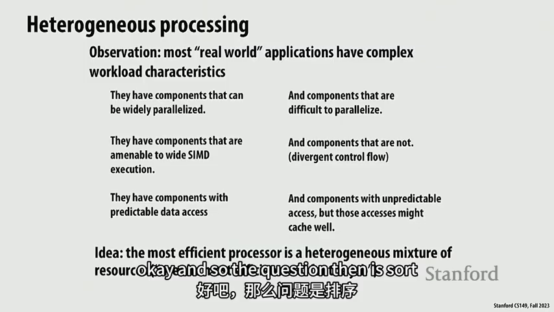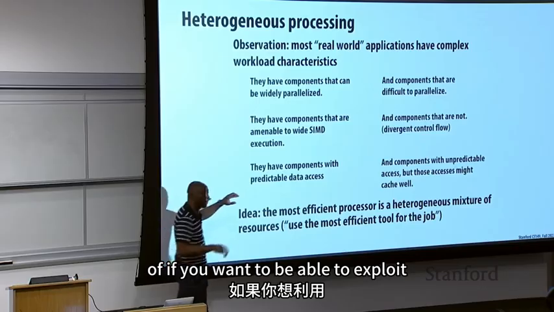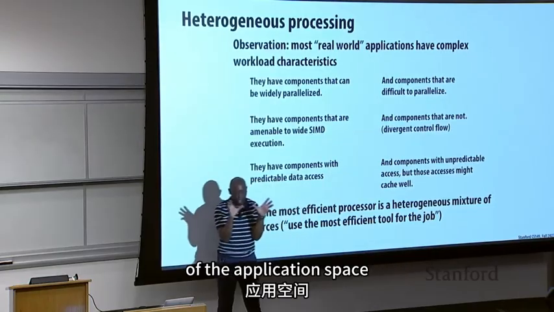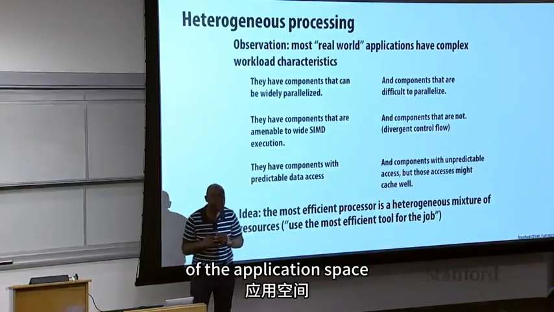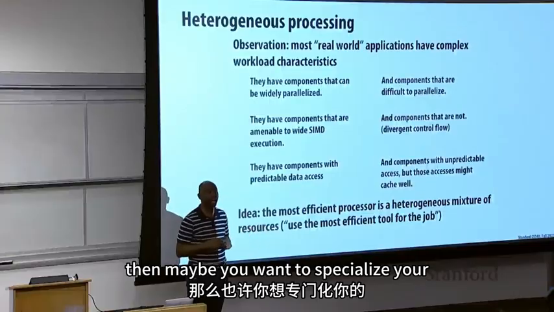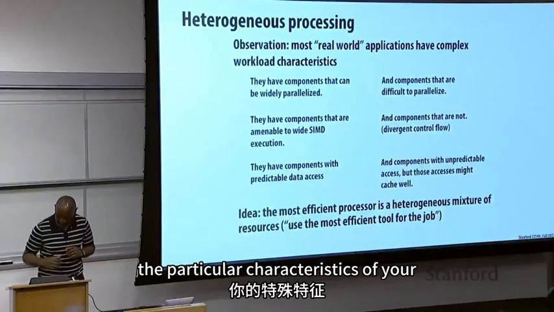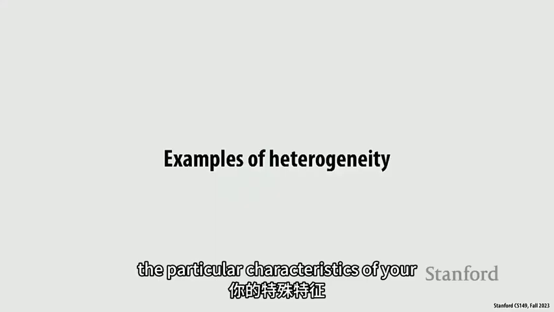And so the question then is, if you want to be able to exploit the wide variety of characteristics of the application space, then maybe you want to specialize your components to exploit the particular characteristics of your application, right?